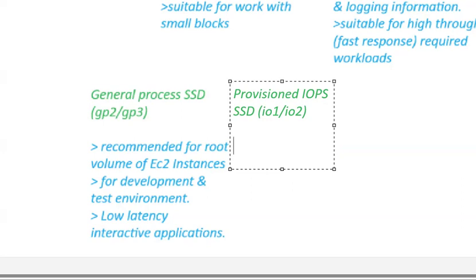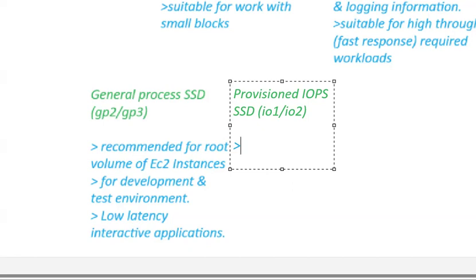It may be anything, that is Cassandra or MongoDB or Microsoft SQL Server or MySQL, PostgreSQL or Oracle, whatever the database may be. So I'm holding large database workloads. For the large database workloads, in order to provide high input outputs per second, I need to use this provisioned IOPS.